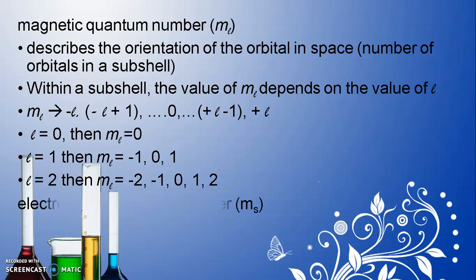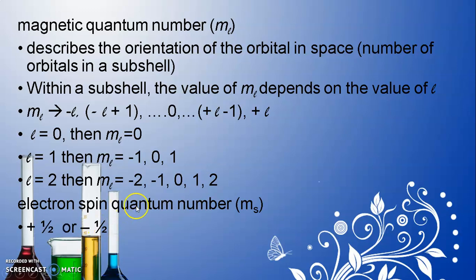Now remember that the fourth quantum number is the electron spin quantum number, which tells you that the spin of the electrons in a certain orbital is in the opposite direction.